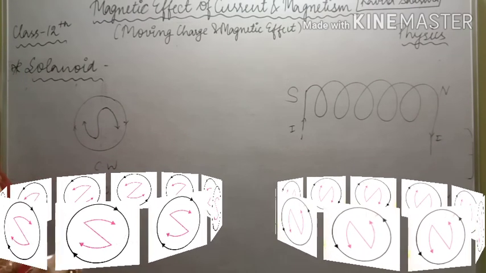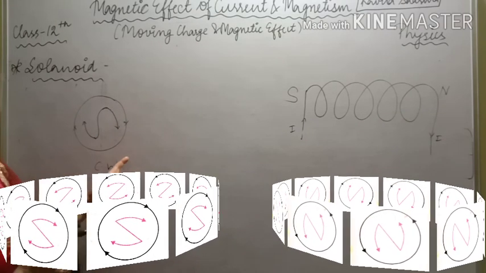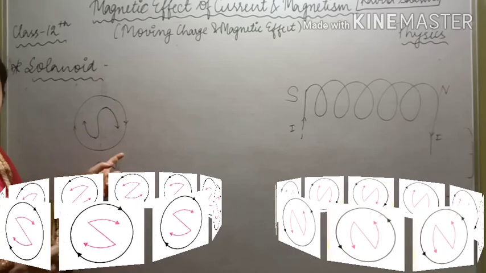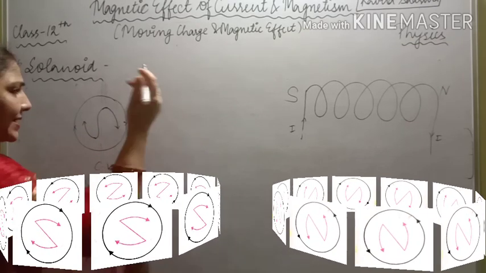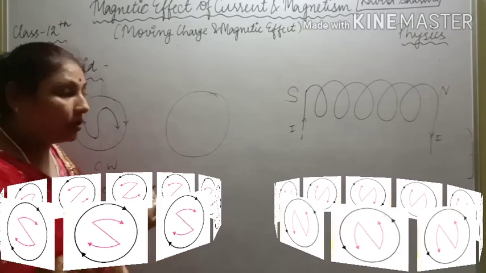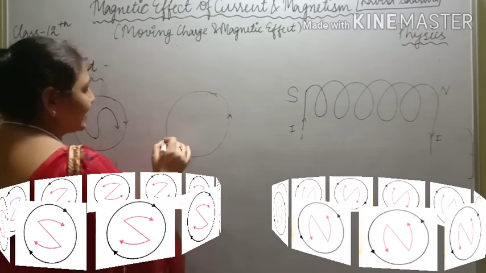Okay, so you can say that if we have the current flowing in the circular loop in the clockwise direction, then it forms the south pole.